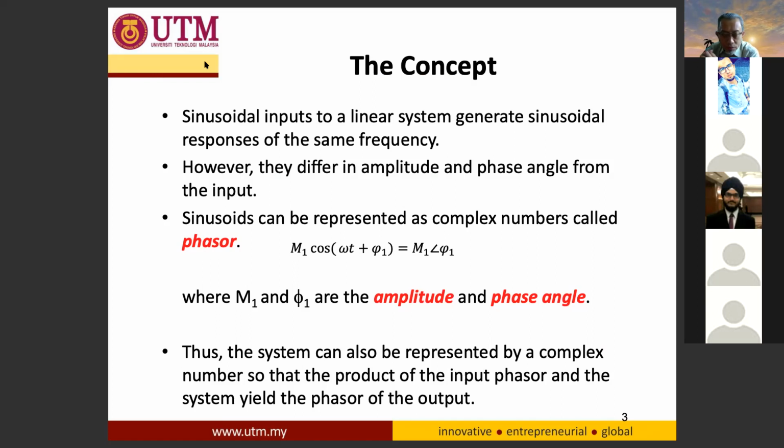Sinusoidal signals can be represented by a complex number, which is called a phasor, which is this one. So this is the amplitude, this is the cos, and then this is the magnitude, and this is the phase, where M1 and Phi1 are known as the amplitude and the phase angle. Thus, the system can also be represented by a complex number, so that the product of the input phasor and the system yields the phasor of the output.